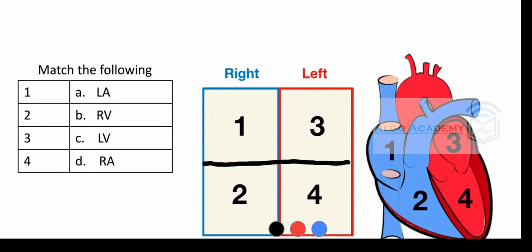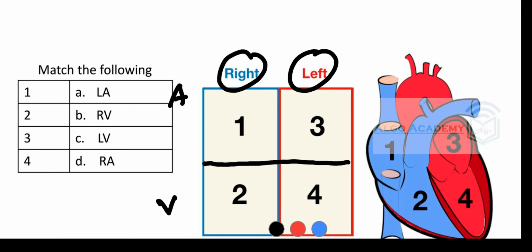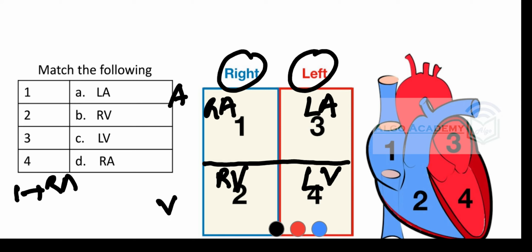Now coming to this question, the upper two chambers are the atria or auricles, depicted as A, and below are the ventricles, V. So 1 is right atrium, 2 is right ventricle, 3 is left atrium, and 4 is left ventricle.